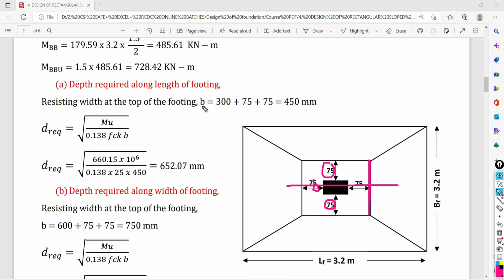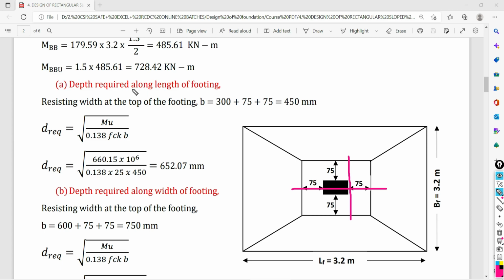So the total width available at the top of the footing at the face of your column is 300 plus 75 plus 75, that is going to become 450. If you are going to do the calculation along the length, this width you have to consider. Remember, when you do the calculation along the width, this you have to consider. So first we are going to do the calculation along the length. So this width I have to consider.